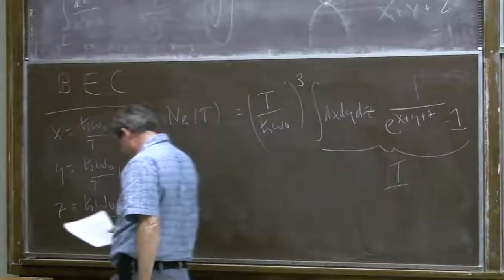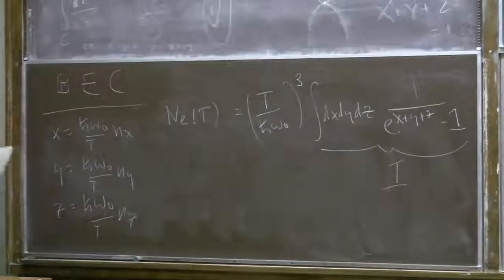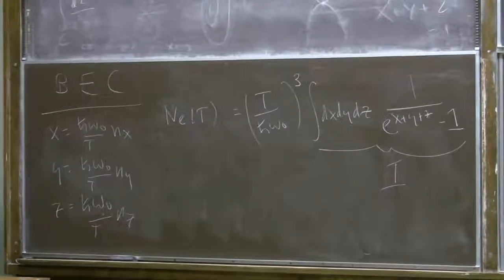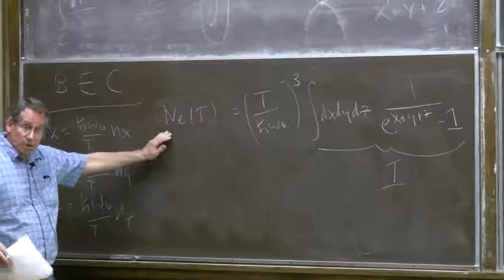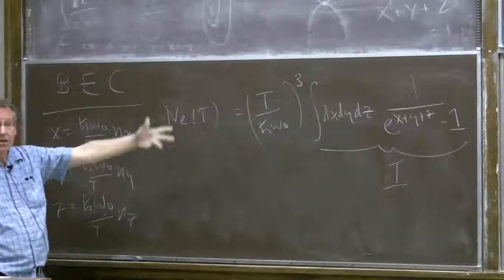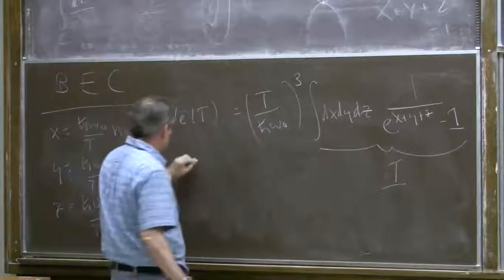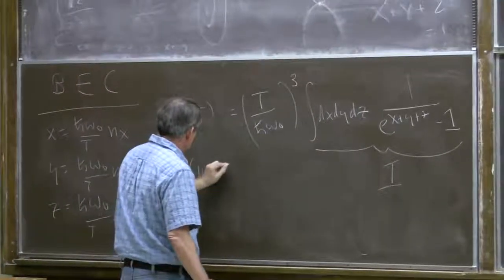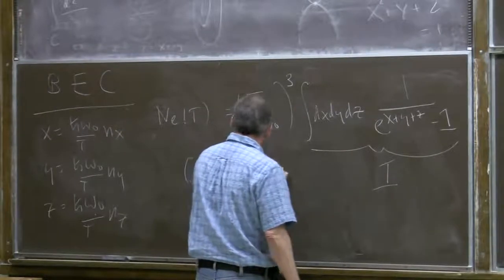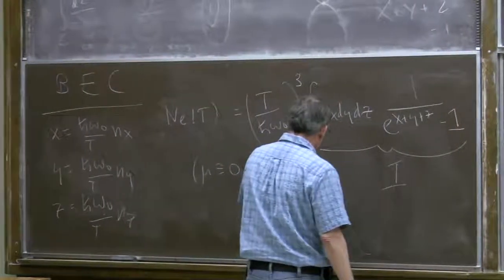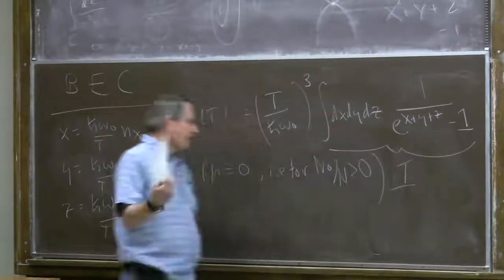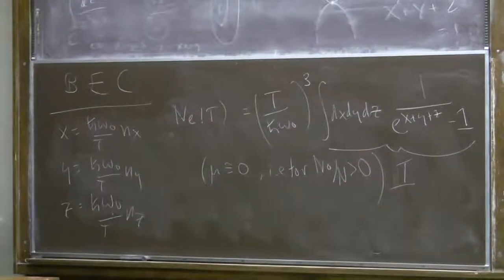Call it I. And the onset of Bose-Einstein condensation occurs when this formula, which applies when we have a Bose-Einstein condensate, when the chemical potential is essentially 0, we have some finite fraction in the ground state.